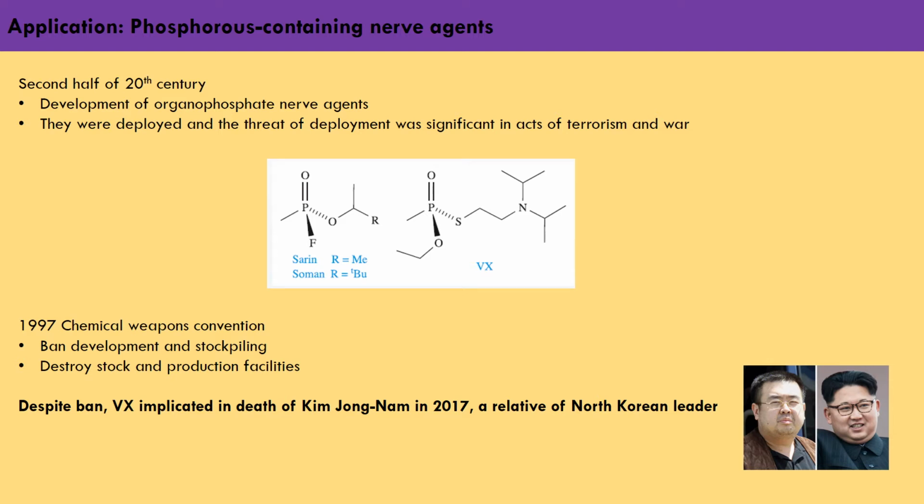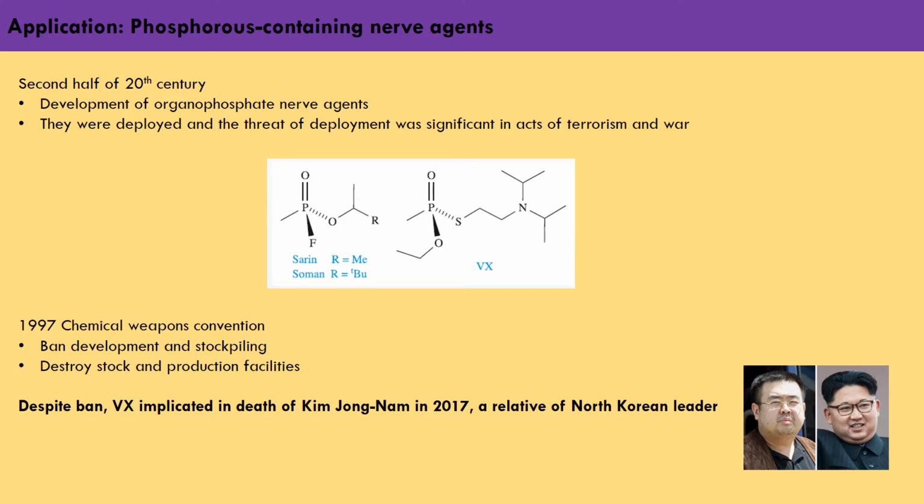And the molecule on the left there is sarin. Now, these were formally banned in the late 90s, when the Chemical Weapons Convention banned any development and or stockpiling of these agents.